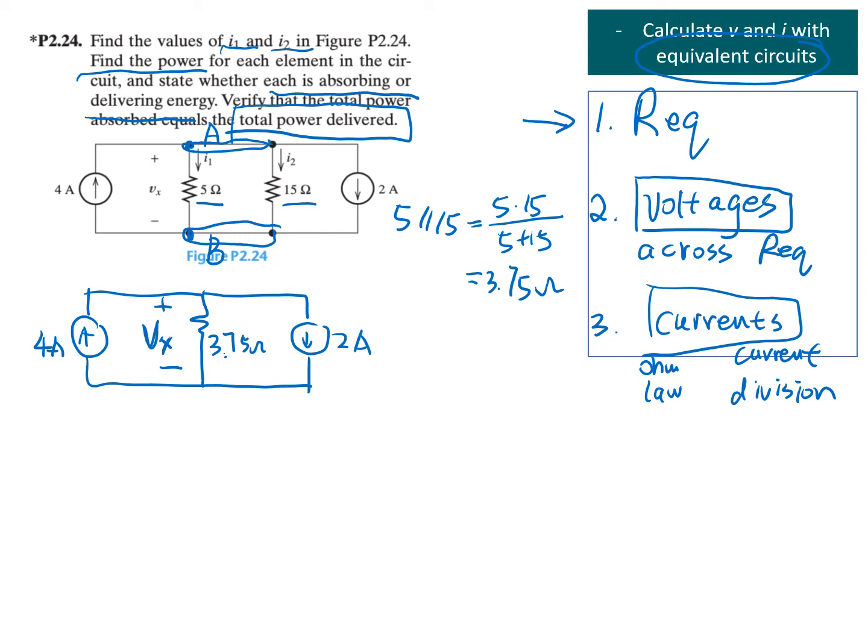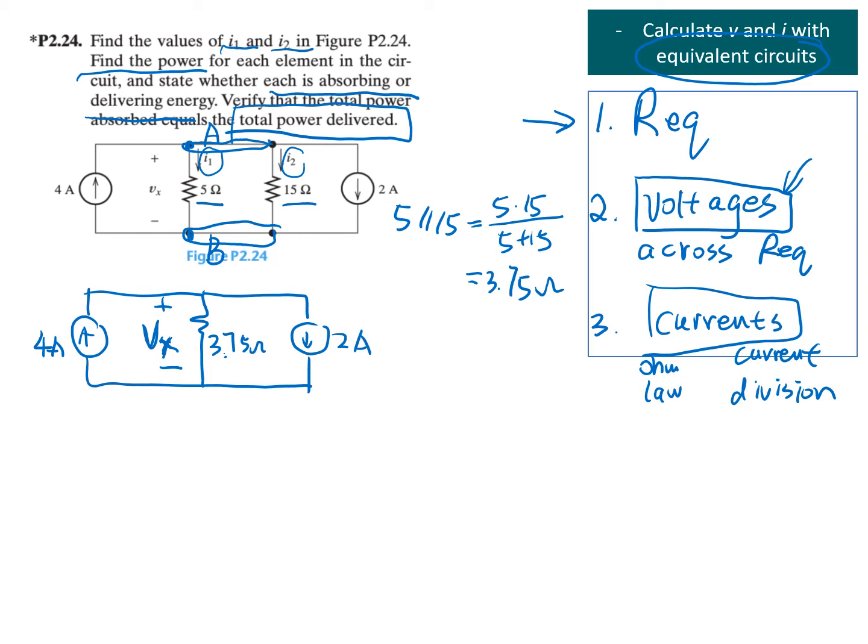Well, when we combine these two resistors, we'll see that these two currents I1 and I2 are gone for now, but that's okay because we are going to first find out the value of Vx, and Vx is the voltage across the REQ.